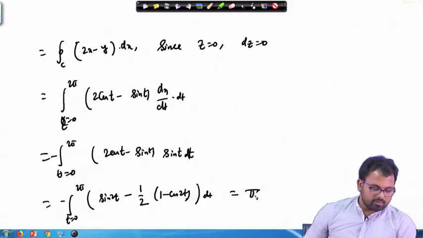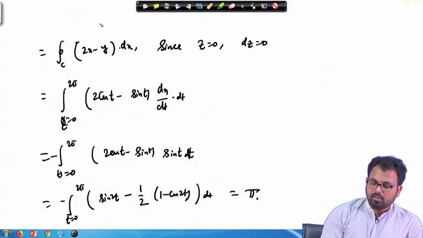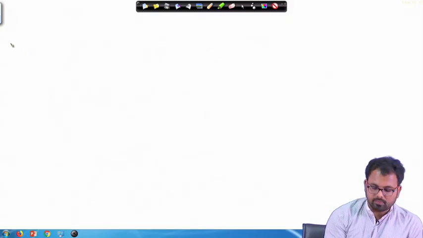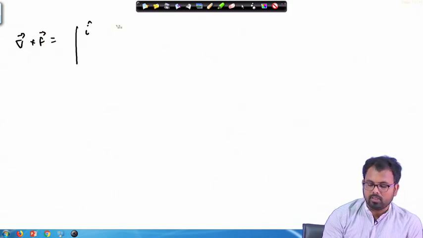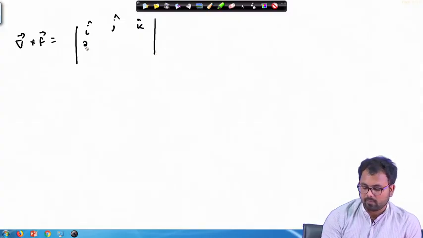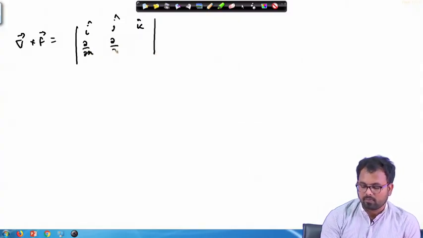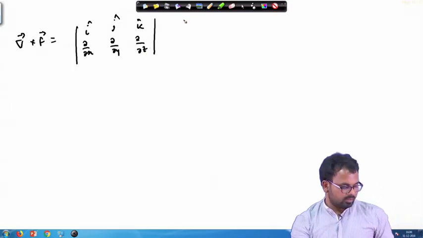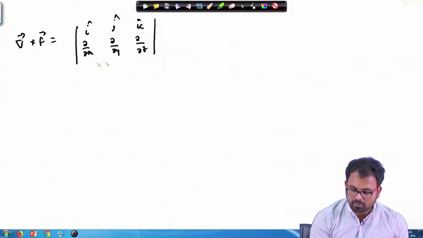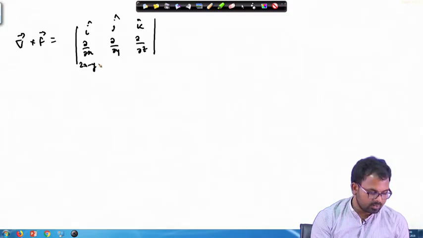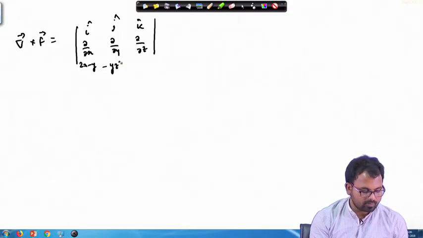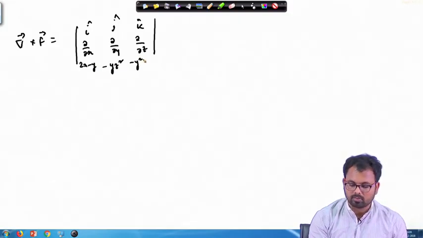Now, we calculate the right hand side. So, first of all we have to calculate curl of f. So, this we have i, j, k, and f would be 2x minus y, minus y z square, minus y square z.